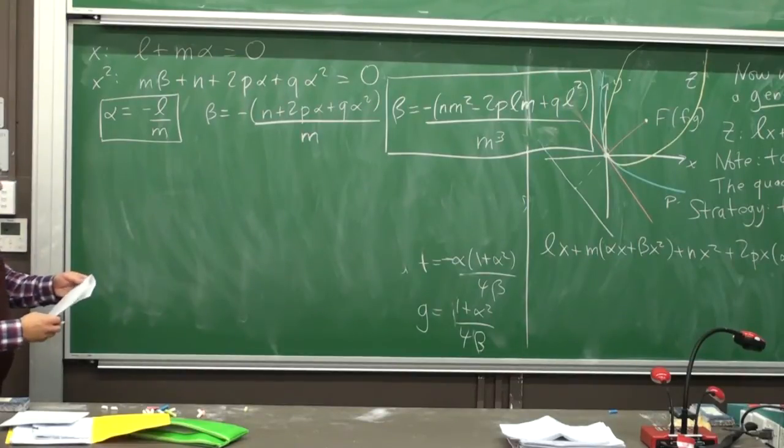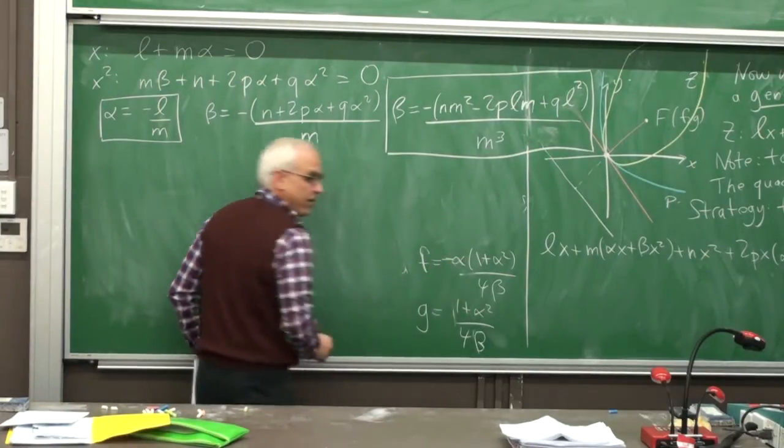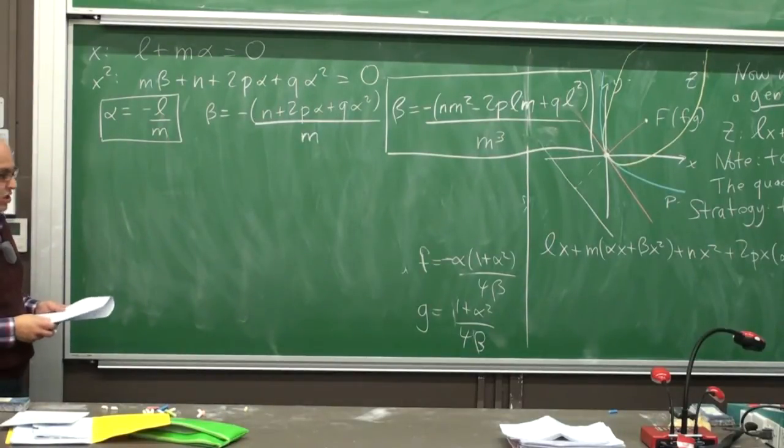All right, and now knowing what alpha and beta are, we can use these formulas down here to write down what the corresponding focus coordinates must be, the f and the g.